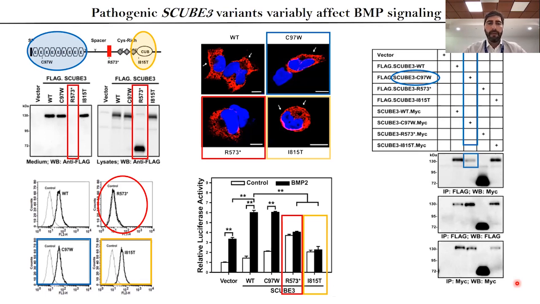While the truncating and CUB domain mutants definitely impair the localization of SCUBA3 to the membrane, the missense mutation involving the EGF-like domain affects the capability of SCUBA3 to homo or heterodimerize, so making a complex with other SCUBA proteins.